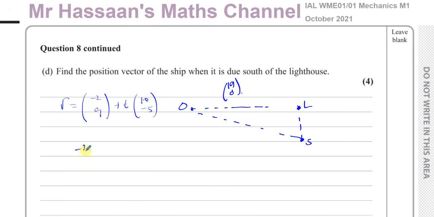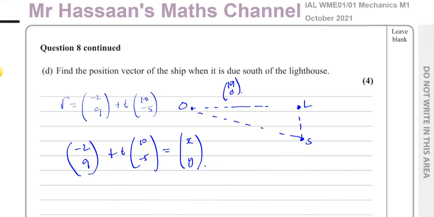So let's say minus 29 plus t times 10 minus 5. That's going to equal the coordinates of the ship. Let's call the coordinates of the ship x and y.